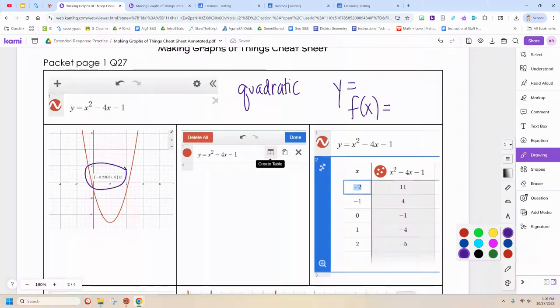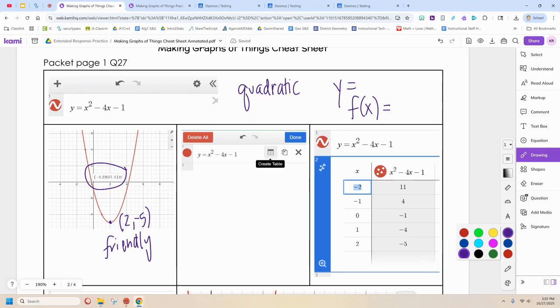No, but you might tell them to go graph this point, which is 2, negative 5. So something that I call a friendly point has no decimal places or maybe only one decimal place.